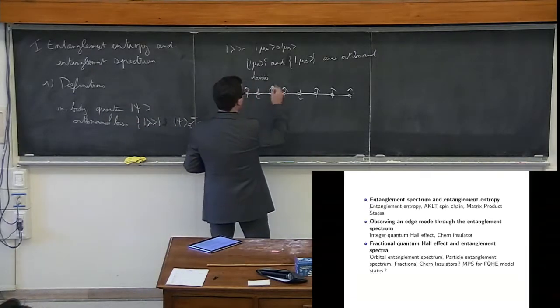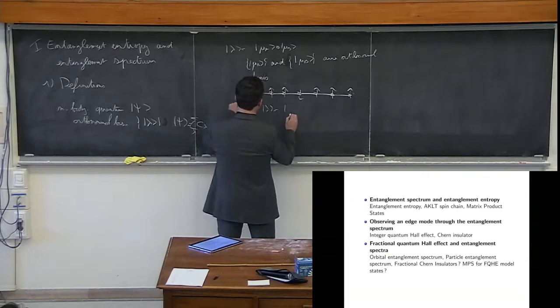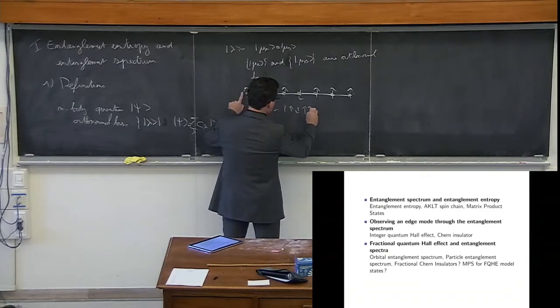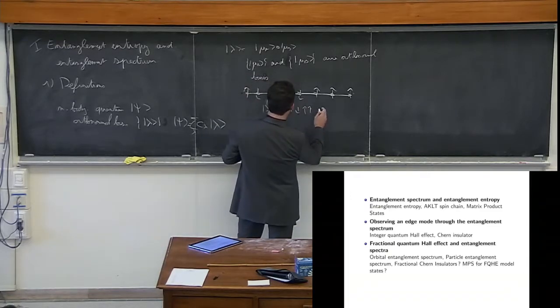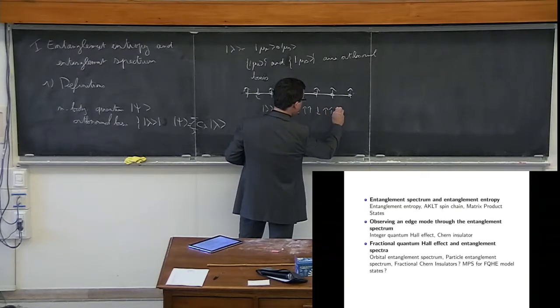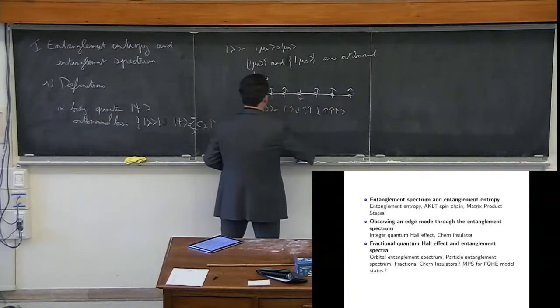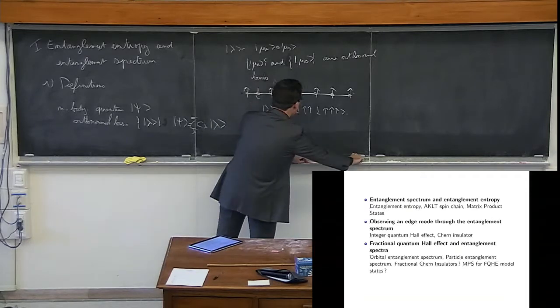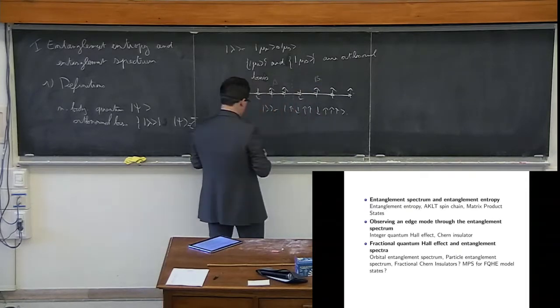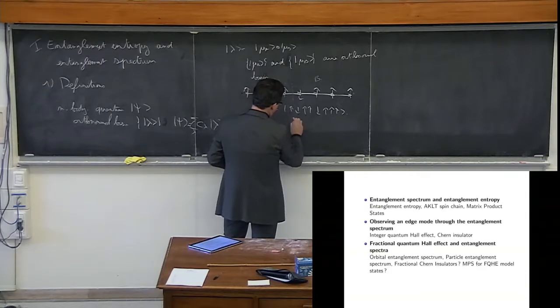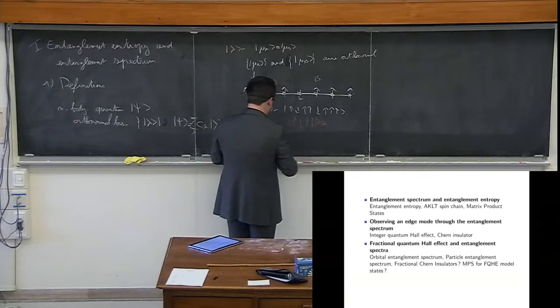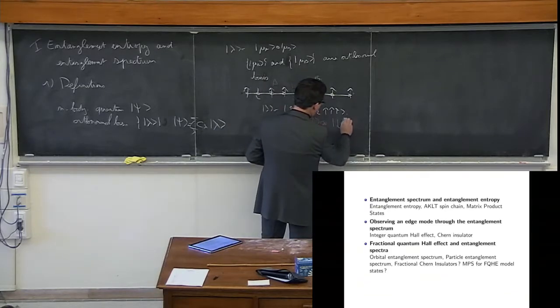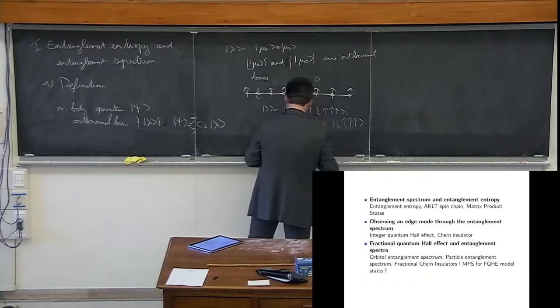So the lambda will just be this configuration: up, up, down, down, up, down, up, up. And now I can decide to cut my system into two parts, like this one, A and B. So I can write this state as down, down, up, tensor product, down, up, up, up.